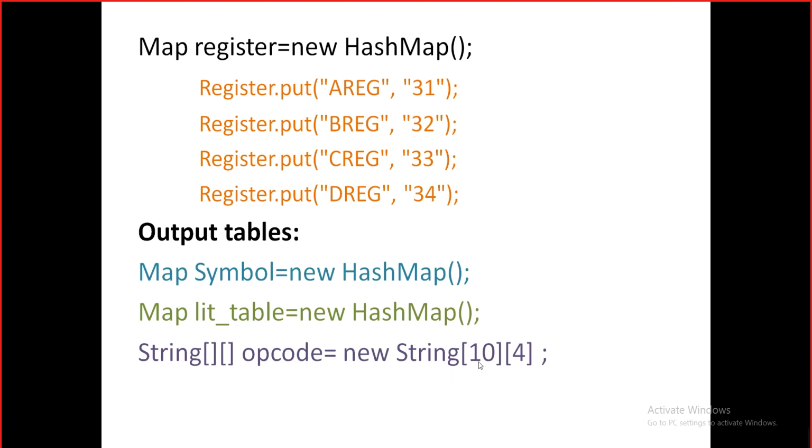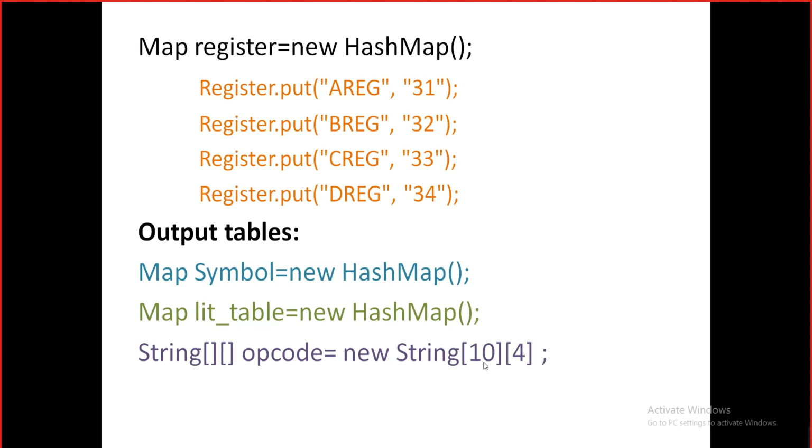Why 10? Because I'm going to generate the intermediate code for 10 statements in the assembly language code. So I'm considering my assembly language code has 10 instructions for which intermediate code will be generated. That's why I've taken 10 over here, right?